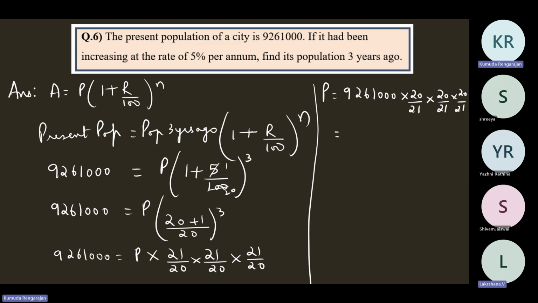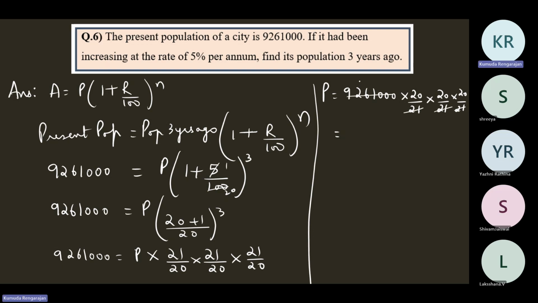Ma'am, is the answer 80 lakhs? Yes, 21 multiplied with itself 3 times is 9261. 21 into 21 into 21 is 9261.